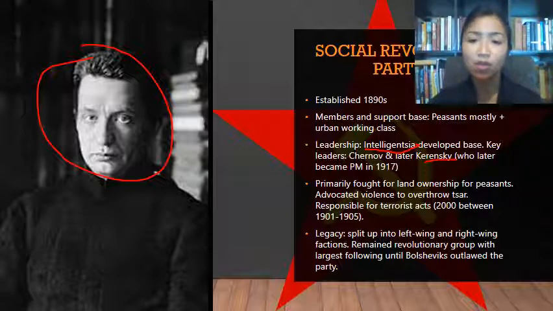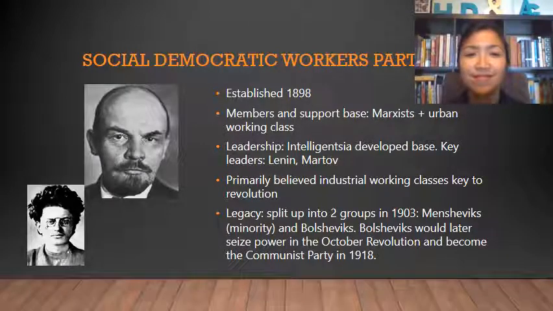Their legacy: they split up into left-wing and right-wing factions, but they still remained the revolutionary group with the largest following until the Bolsheviks outlawed this particular party when they came to power.